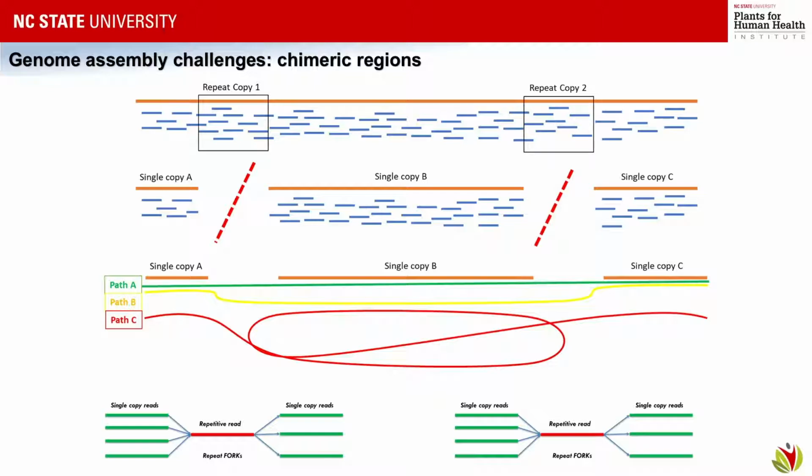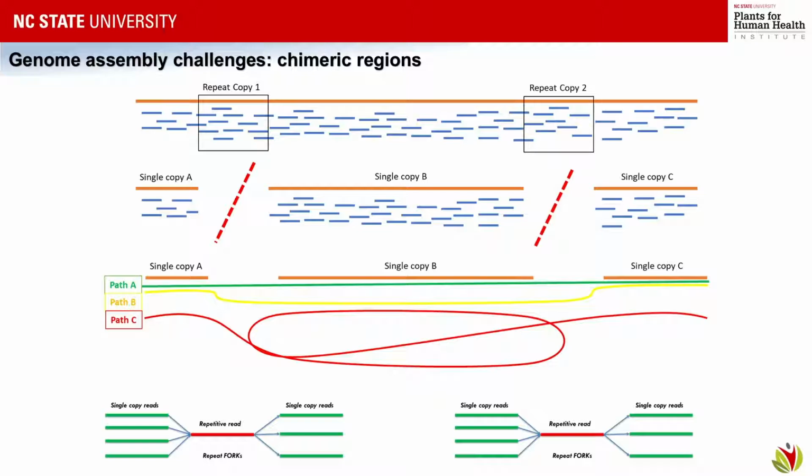Unless you have a very long read that is spanning this repeat region and is coming from the single copy to single copy, so the assembler can pass it, which sometimes the repetitive regions are quite large, and still we don't have such long sequences that can overcome that. Here, we call it the repeat fork. In other words, when you have the single copies, they come to the repetitive sequence and the assembler gets confused. Okay, which one to choose to go?